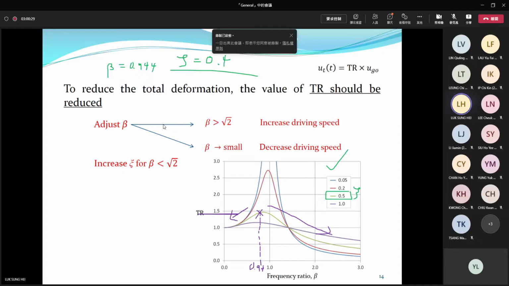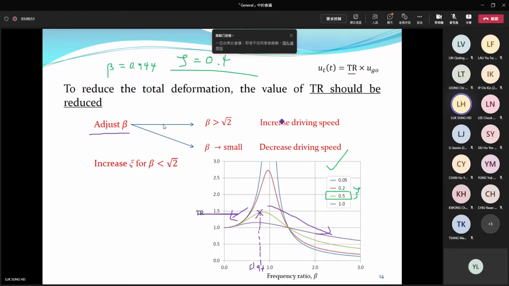If TR decreases, UT decreases. Okay? This is how you can answer this kind of problem. You can have a look at this kind of graph, then you can see which part you should refer to. You may decrease or increase, adjusting beta.